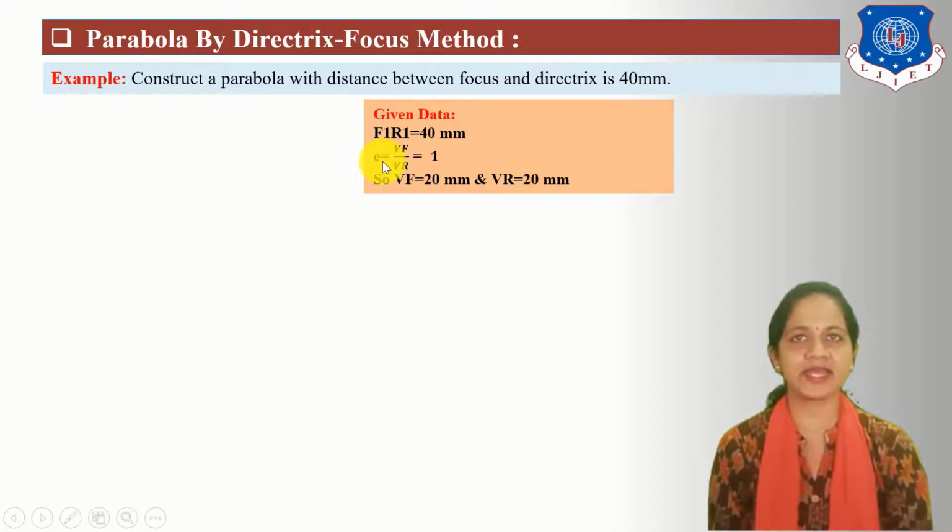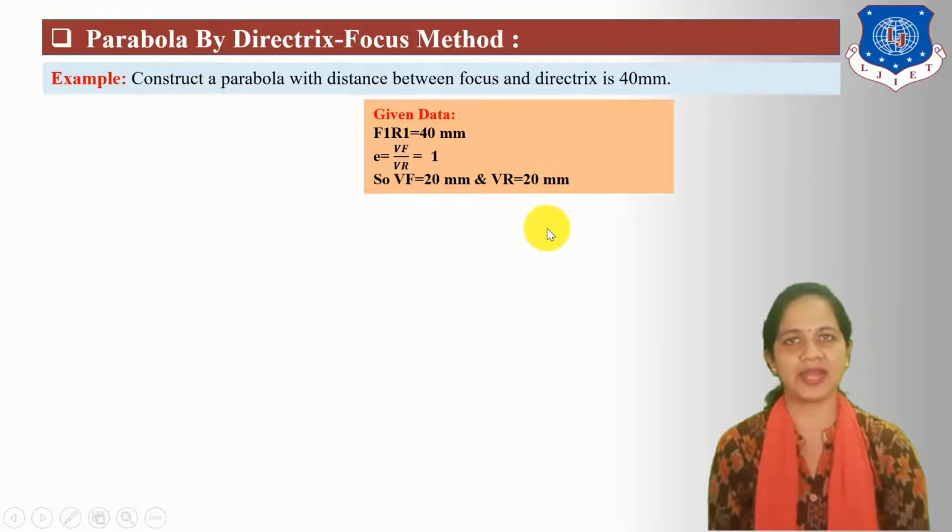Eccentricity E in the case of a parabola is equal to VF upon VR, which is equal to 1. So VF is equal to 20 mm and VR is equal to 20 mm, because in a parabola the distance from vertex to focus and from vertex to directrix are the same.